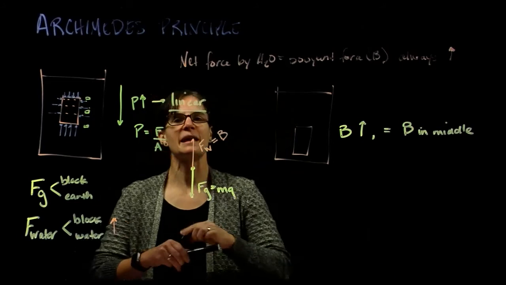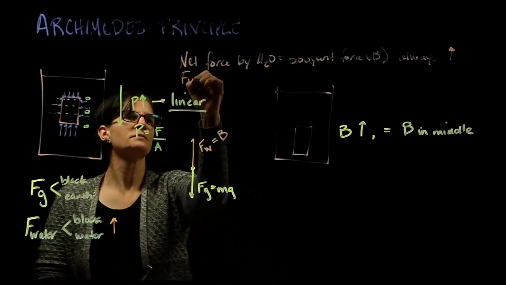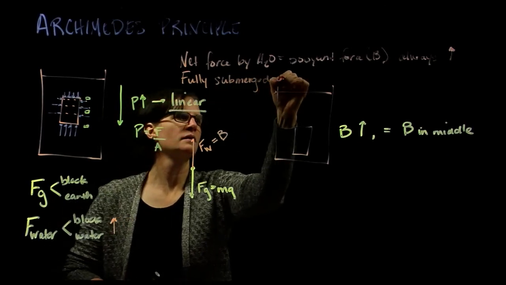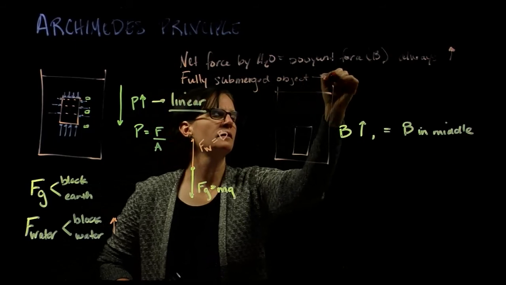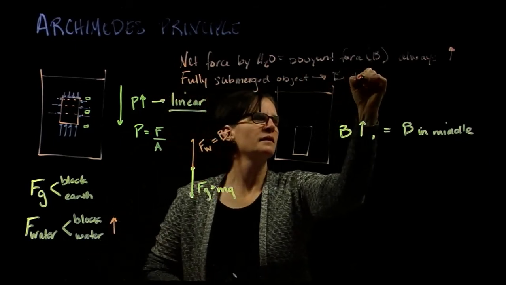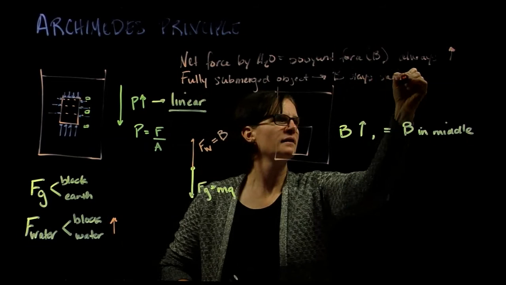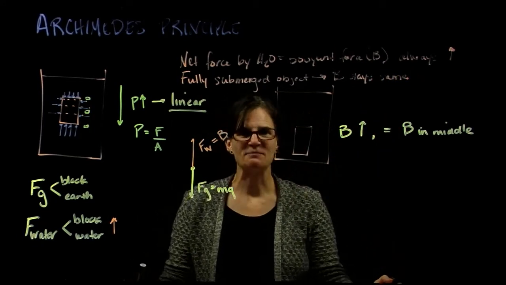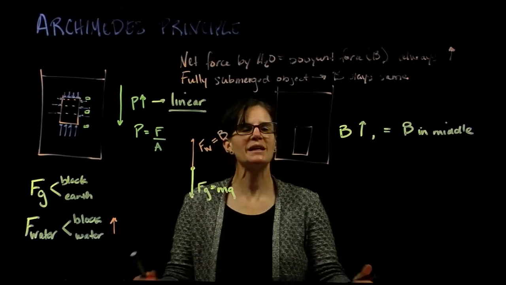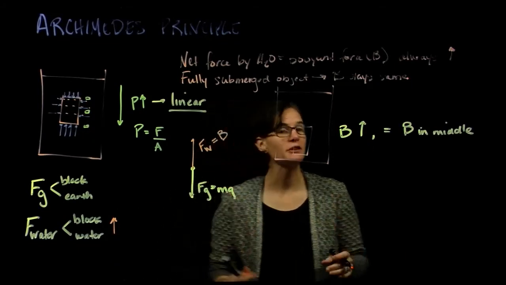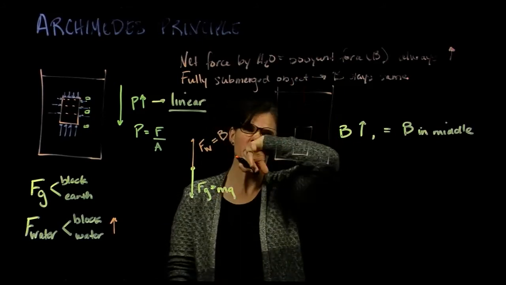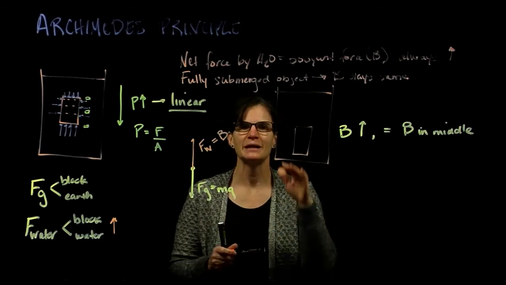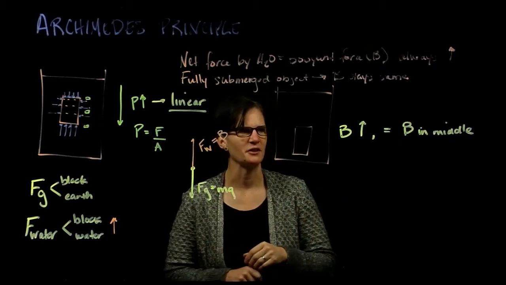So let's think about that principle. Once it's on the bottom, the buoyant force is also the same, but the net force on the object has changed. So we can generalize that for any fully submerged object, regardless of its depth, the buoyant force stays the same. The net force on the object is what's going to look a little different if it's touching the bottom, because of course we have that interaction.